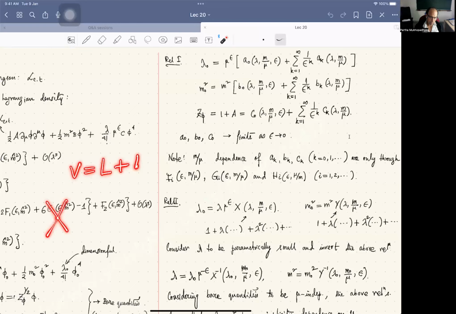For the 2-point function, V is equal to L, which is consistent with this diagram, where it's linear in lambda, but it is also 1 loop. But for the 4-point vertex, the relation is this one, and when L equals 0, you have the primitive vertex, and for L equal to 1, V must be 2, and that is what we get.